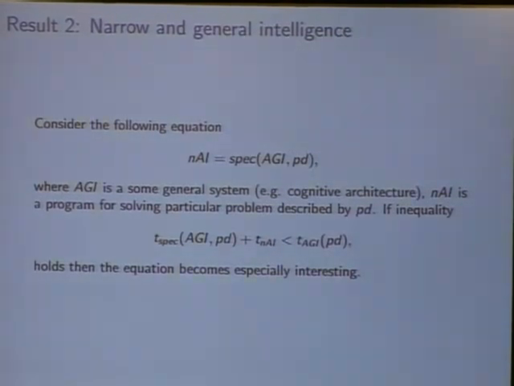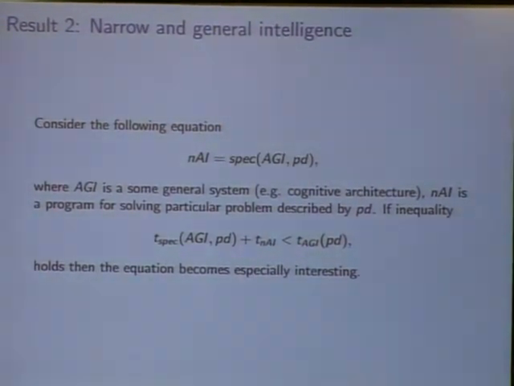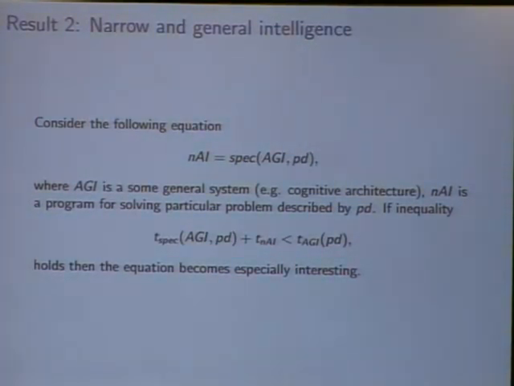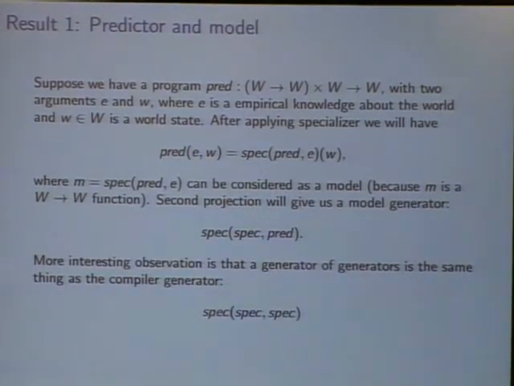This means that we are not interested in how fast our general program works. It may be too general or too slow, but it doesn't matter because we are interested in how fast specialization and narrow intelligence work together. Also, it's very easy to apply Futamura's results for equations of such type, especially the third Futamura projection because it makes sense.